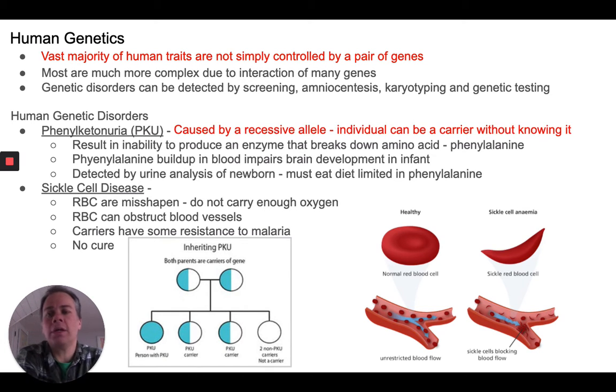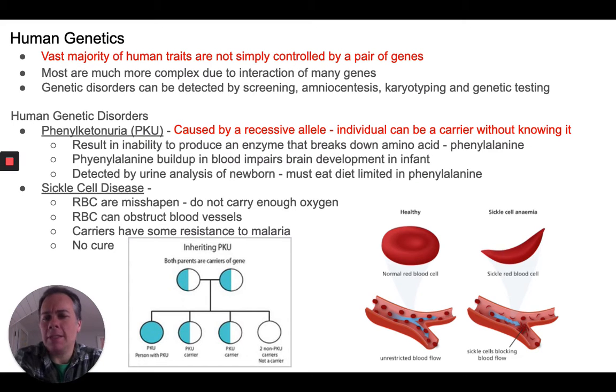So one of the genetic disorders we'll mention is abbreviated PKU, phenylketonuria. This is a disease that's actually caused by a recessive allele. If a person inherits two recessive alleles, then they will have this disease, PKU.